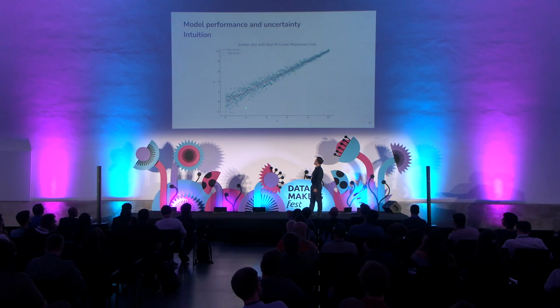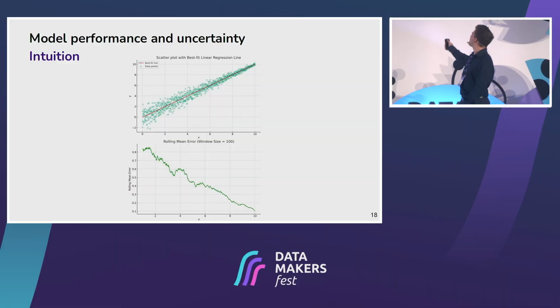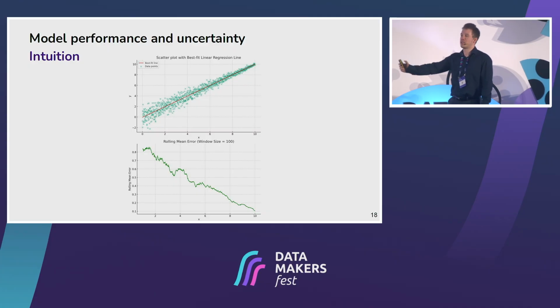If you calculate MAE in the region between, let's say, 0 and 2 here, because of this dispersion in the data, we expect to see higher values. So the model is not that good at predicting the values here as it is here. And to illustrate it further, I computed the rolling mean error here, rolling across the feature X.